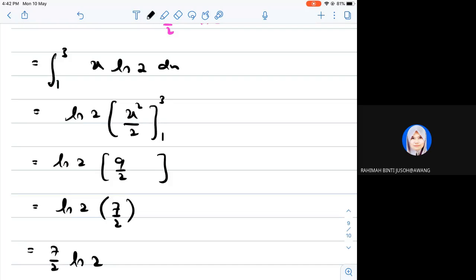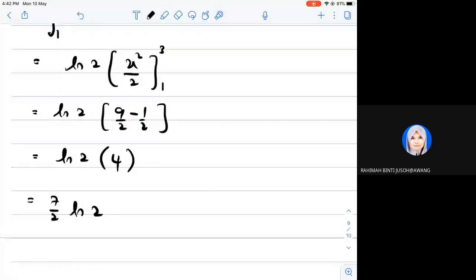Yes, 1 over 2. So we have here 8 divided by 2, which becomes 4. So here it becomes 4 ln 2. Yes, alright, that's the answer.